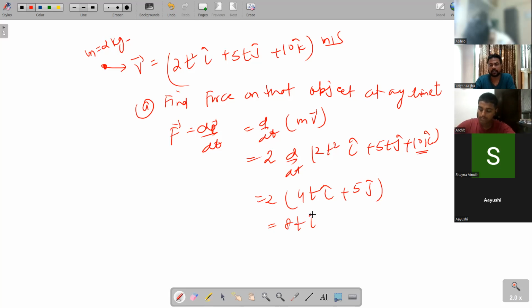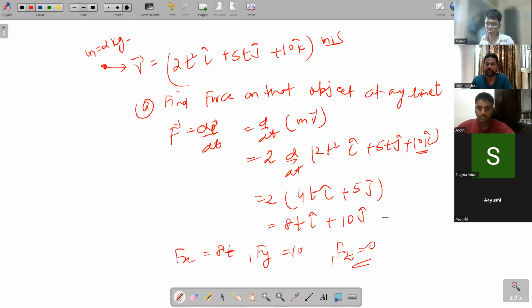So this is 8t i plus 10j. Now you can see that the x component of the force is 8t, that is depending on time. With time it will keep on increasing, but force along y-axis is 10 Newton, and force along z-axis is 0. So if I ask you to find the force at time t equal to 5 seconds, you will simply put t equal to 5 in this, and you will get that force, right?